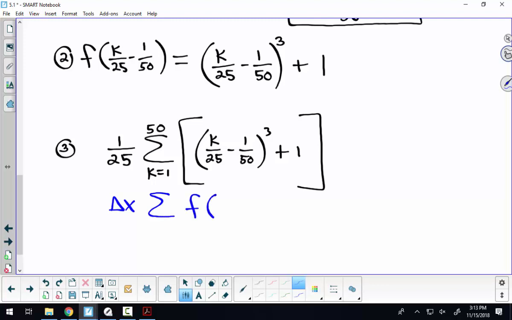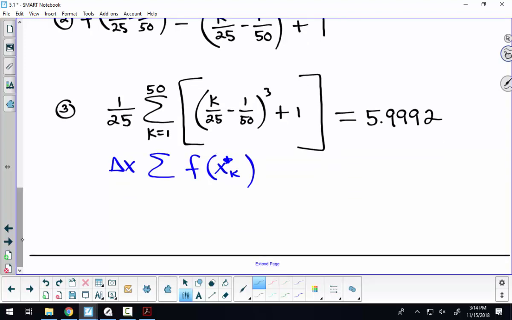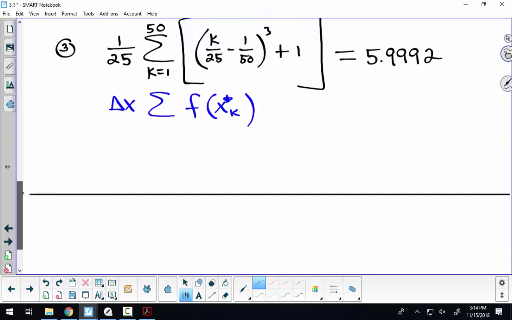This is our f of x star. Should get that sum to come out to be 5.9992. It's just an approximation. Right, still an approximation, but it's a good approximation because we're using 50 subintervals.